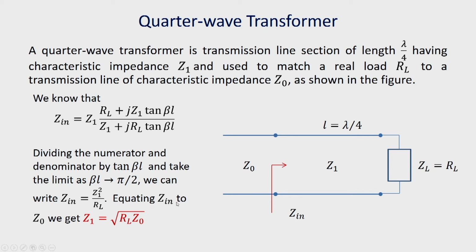Equating this Z in to Z0, we get Z1 equal to under root RL into Z0. So, a quarter wave transformer can match a real load RL to Z0 provided we select Z1 equal to under root RL Z0.